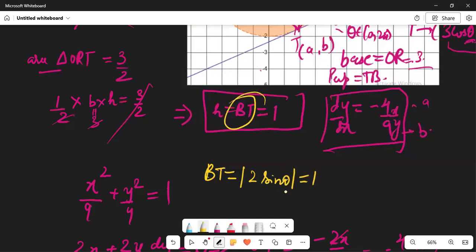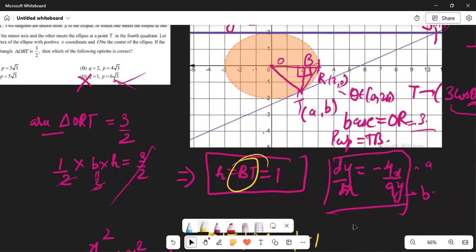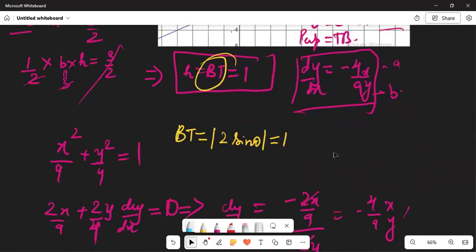Since theta is in the fourth quadrant, sin theta's value is going to be negative over here. This implies minus 2 sin theta equals 1, so sin theta equals minus 1 by 2.